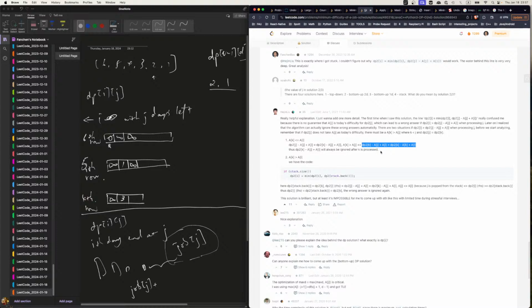Now if ak is larger than ai, so we have even a bigger one, then we had this. And dp2i minus this is dp2k minus this, smaller or equal to ai. Wait, hold a second. What is the last one?